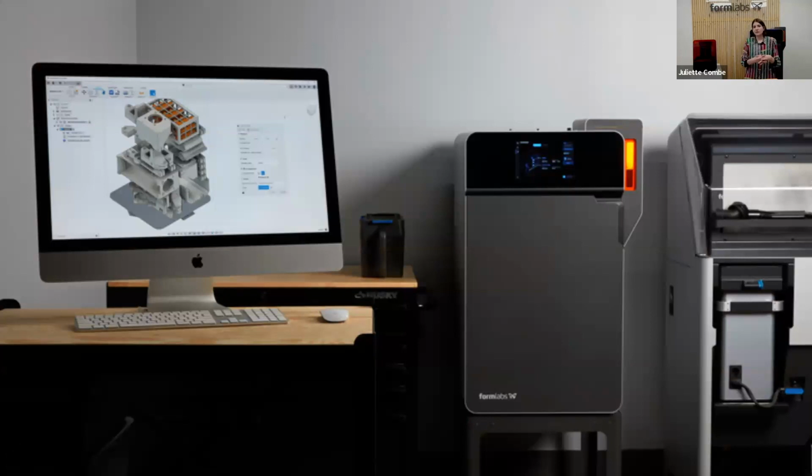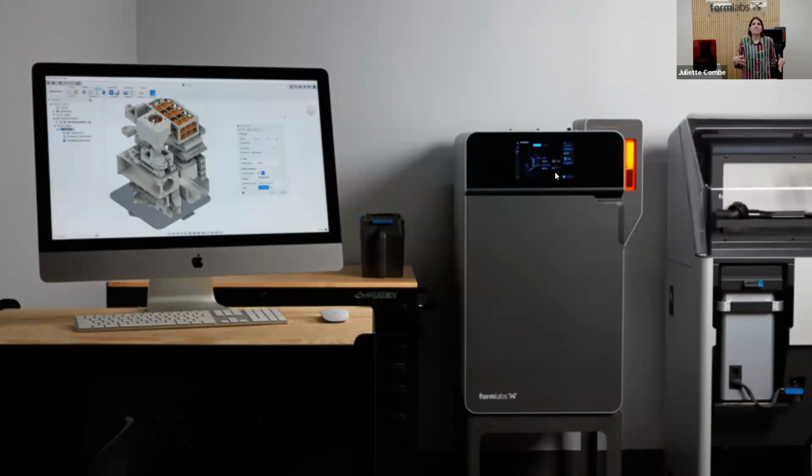In terms of complex shape, as I mentioned, you don't need to have support. So you can see here, you can really stack all different parts in one build volume. You can produce intricate shapes such as interlocking links or functional assemblies or living hinges. Those are all types of geometries that are popular.